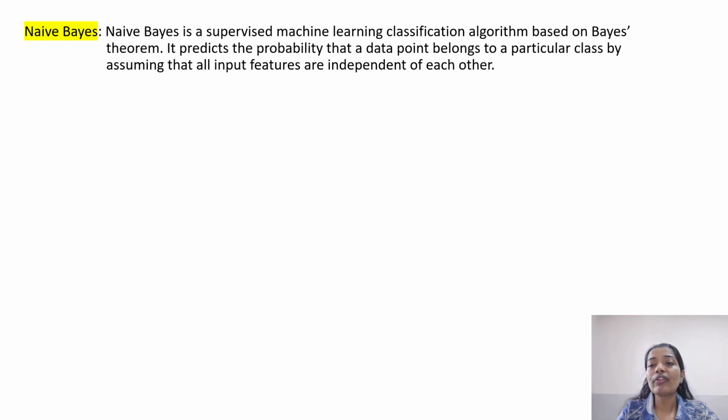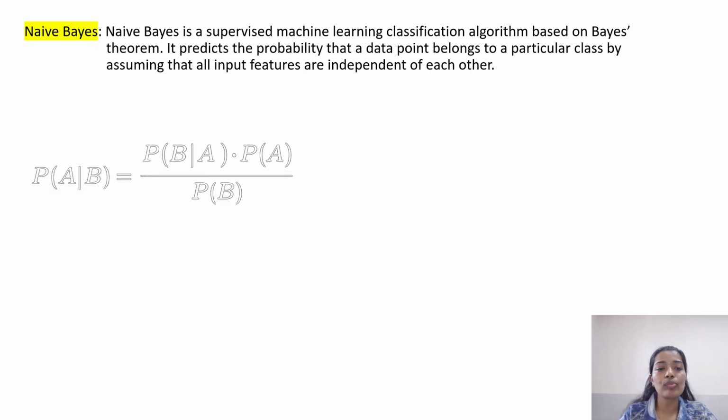For that reason, we use Bayes theorem to find out the probability, and the class that has maximum probability, the new data point will belong to that class. This is the basic working. So the main concept behind the naive Bayes algorithm is the Bayes theorem.